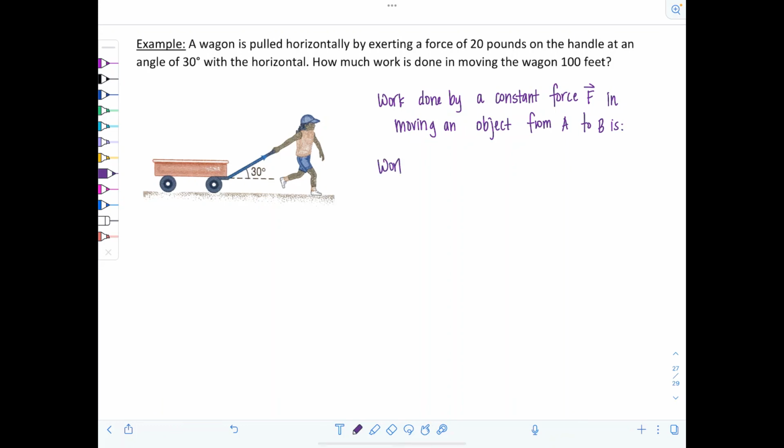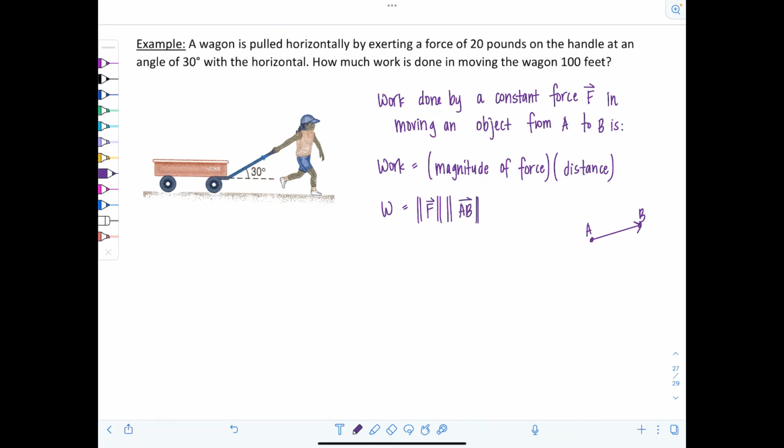We say that work is equal to the magnitude of that force times the distance from A to B. So let's use some notation. Work is equal to the magnitude of the force. And then think of it this way. You're moving it from point A to point B, right? So the distance would be the magnitude of the vector AB.